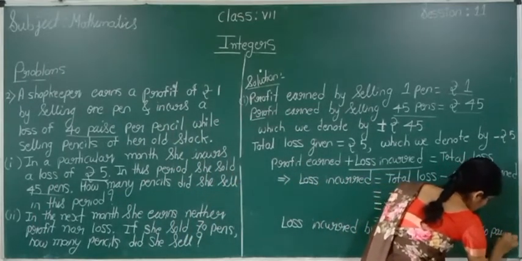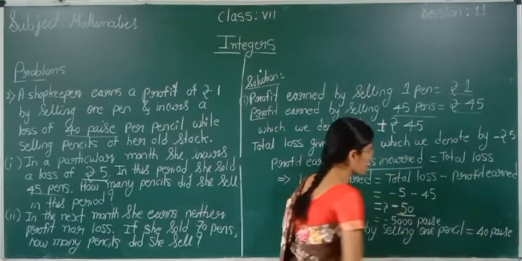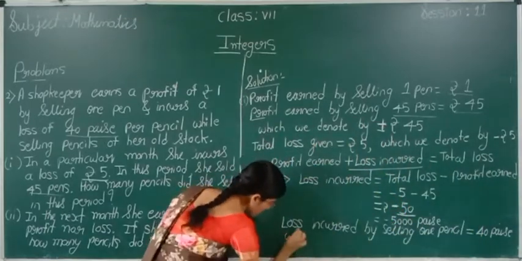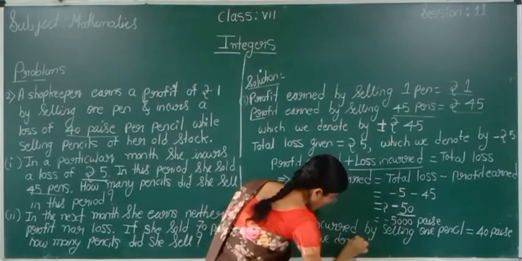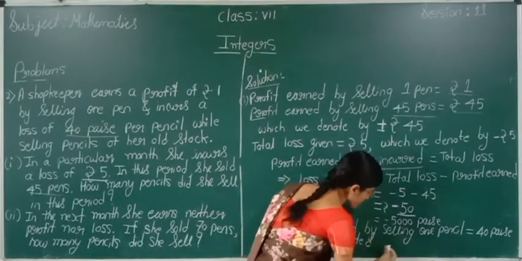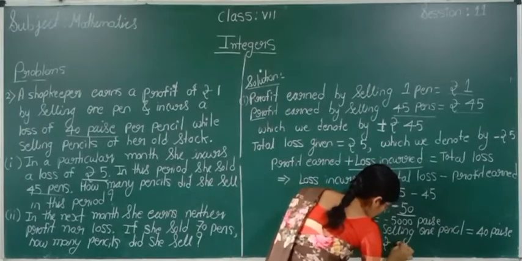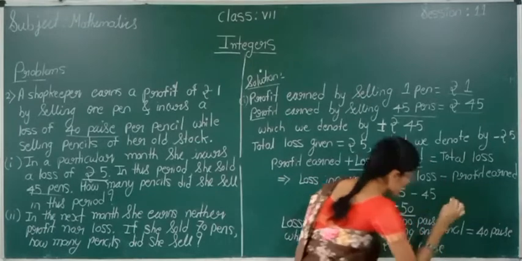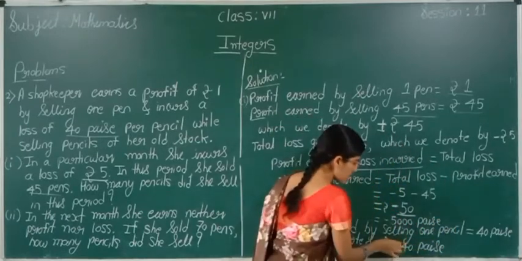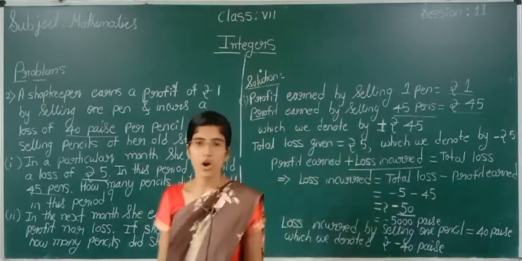40 paise. So this we denote by rupees minus 40 paise. We denote it by a minus because it is loss, right?